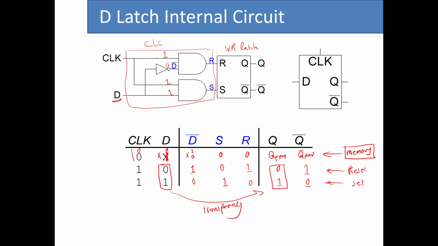On the other hand, when clock was 0, Q was its previous value. So that is the definition of the opaqueness. When clock is 0, the D-Latch is opaque to the changes of D. So it means that whatever change you have in D, it is not going to be reflected in Q.